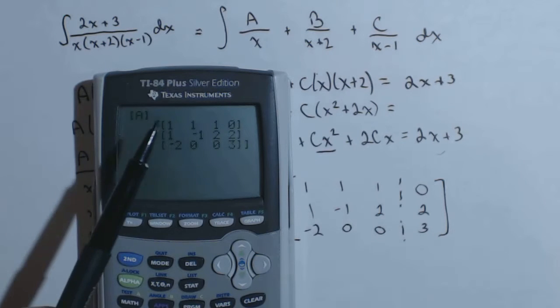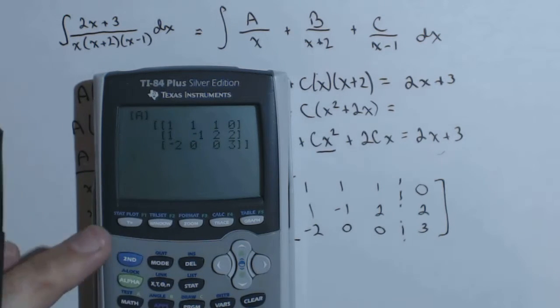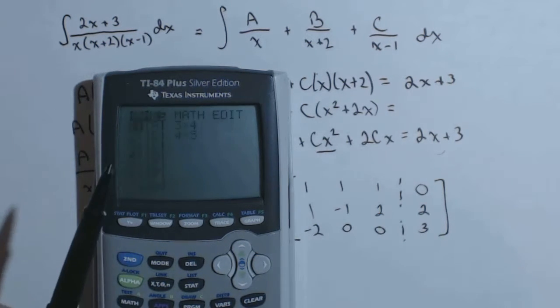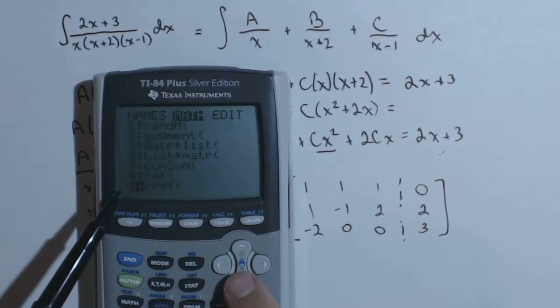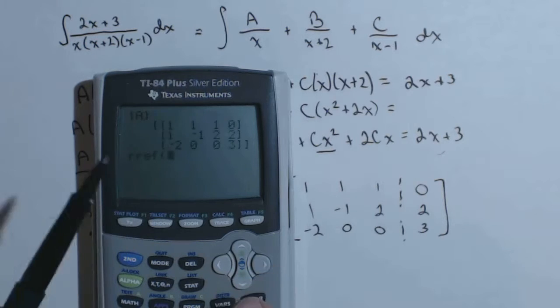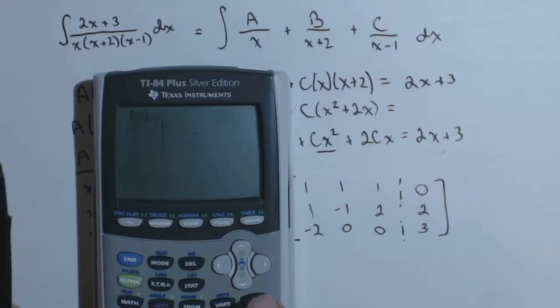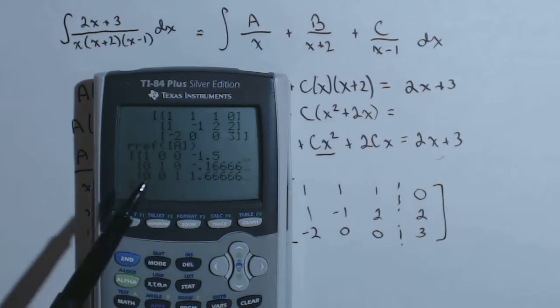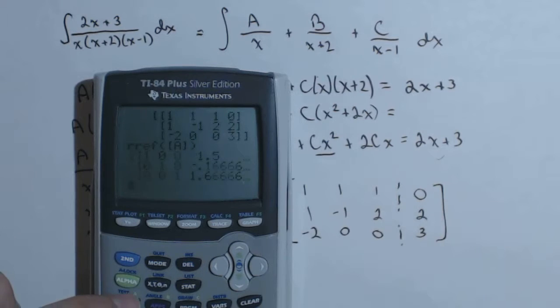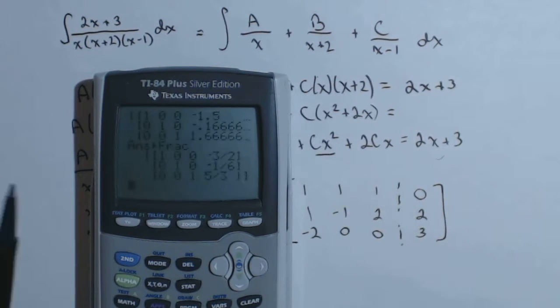Now we want to solve this so our answers are right here. So what I do is I go back into matrix, and we're going to do some math on it. We're going to put it in reduced row echelon form, which is RREF, and we're going to put in specifically that matrix A, and what I get are my answers right here. If you would like them as fractions, right there.